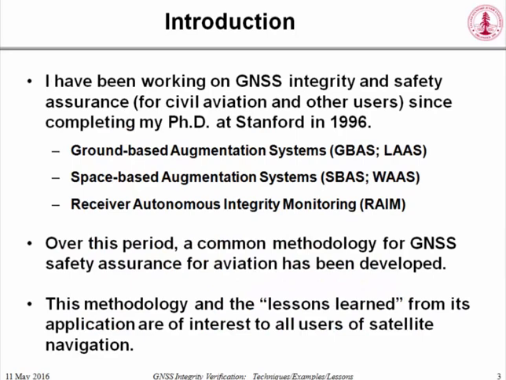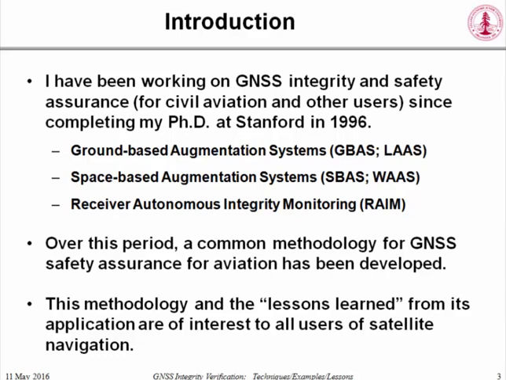In my case, I've been working on this for about 20 years. I got my PhD at Stanford in 1996, working on risk assessment, both for satellite reliability, satellite design, and working on GPS.